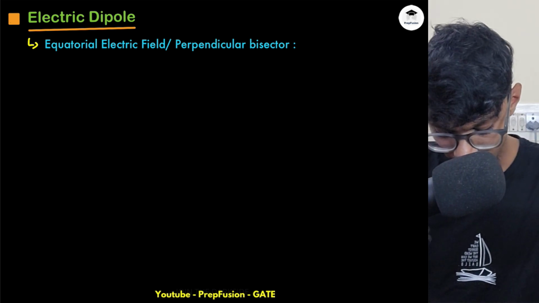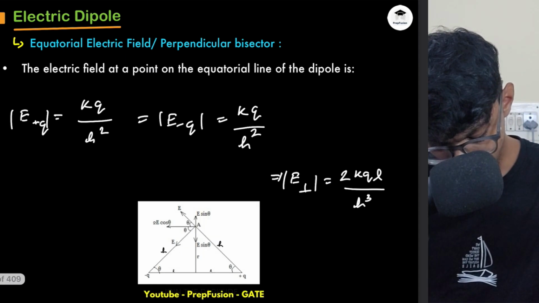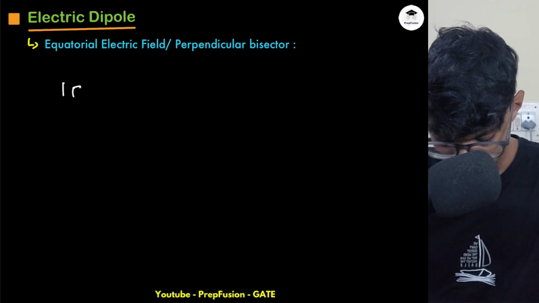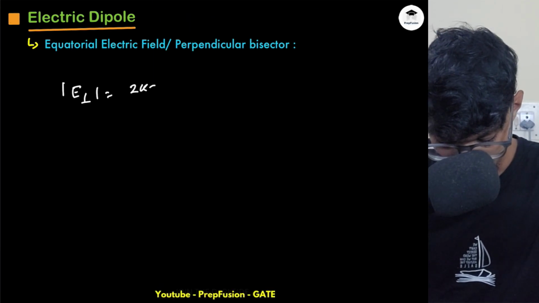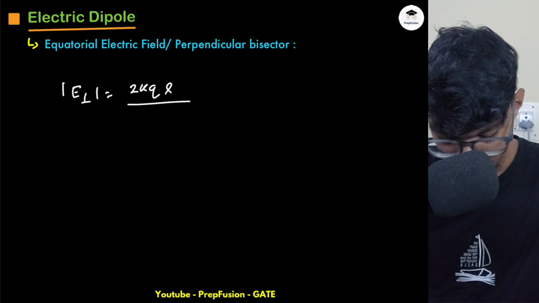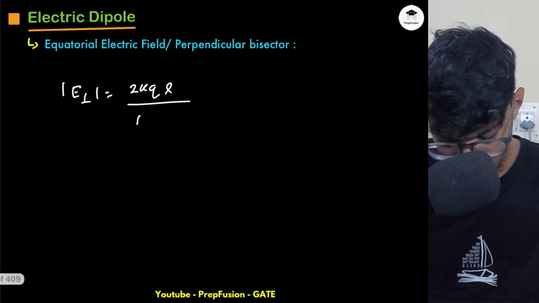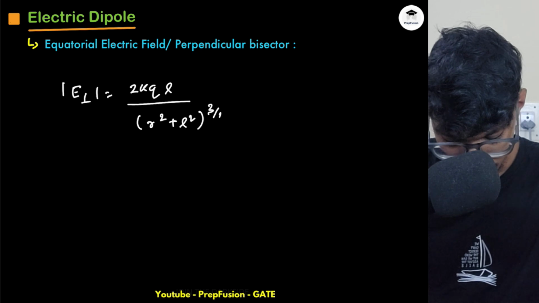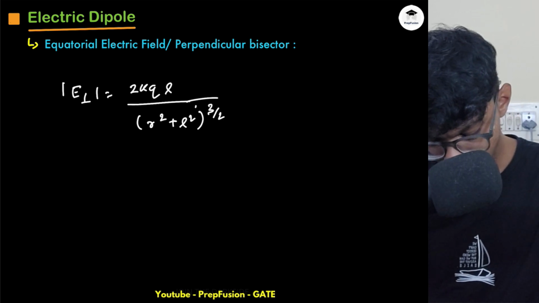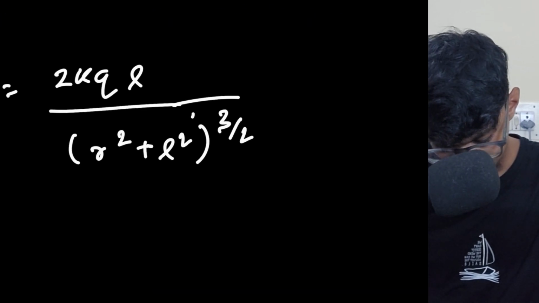The magnitude of E will be 2KQL divided by (R square plus L square) to the power 3/2, because H is under root, so the 1/2 power comes up.